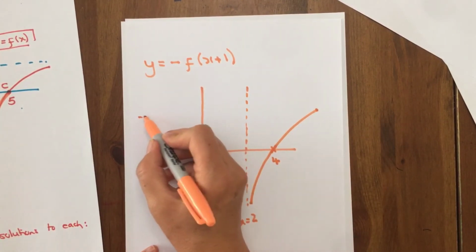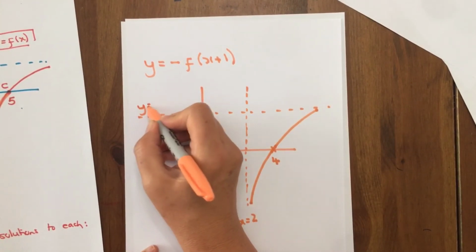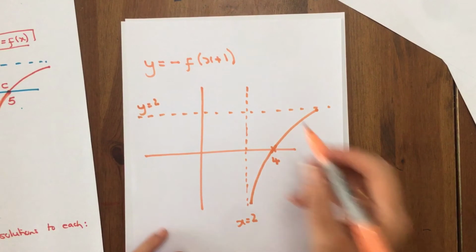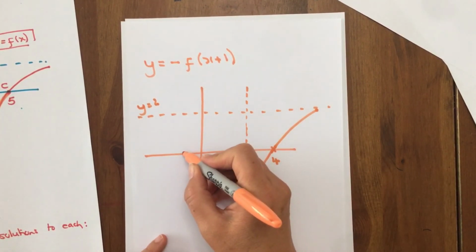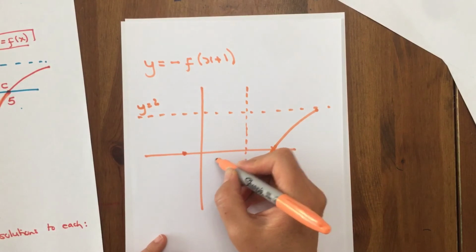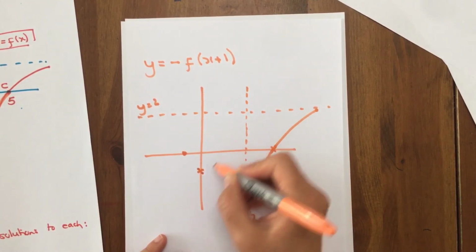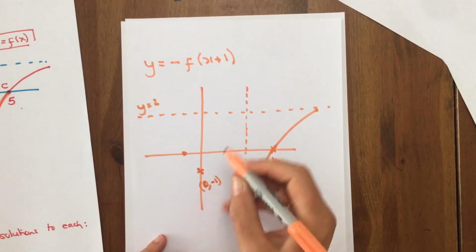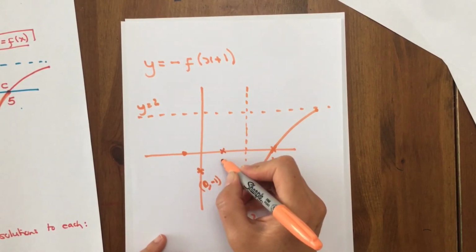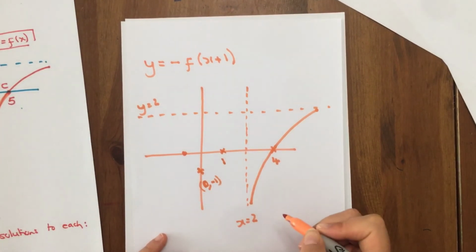My y asymptote won't be affected. Okay, so that will stay exactly the same. It's only my x values that are affected. My point 0, 0 will go here now, A will go to here, and so A will go now to 0 minus 1, and B will go now to 1, and my asymptote has moved to 2.